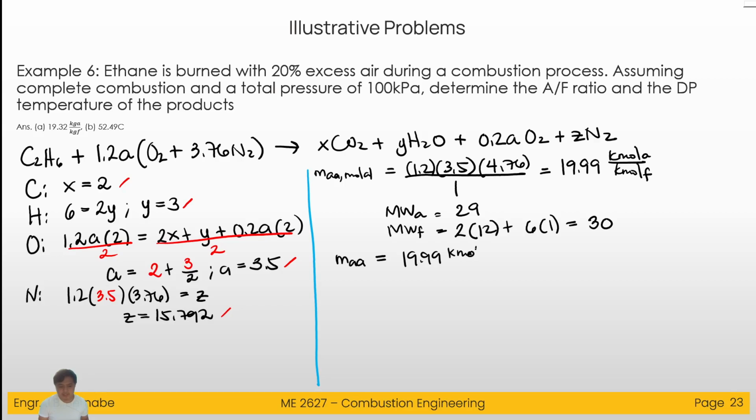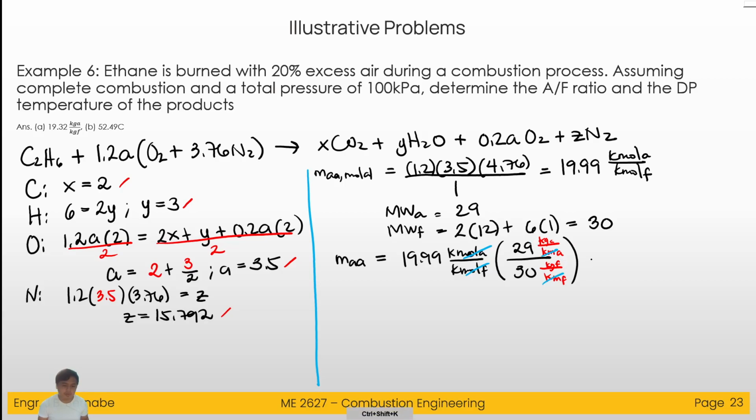Doing the analysis of the units, kilogram of air per kilomole of air and kilogram of fuel per kilomole of fuel, so the kilomoles will cancel out.